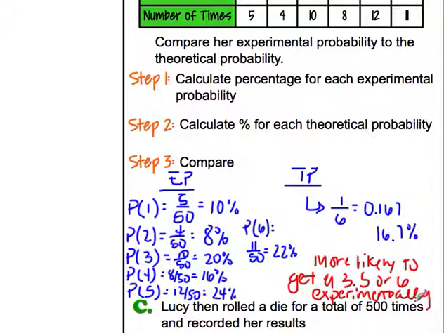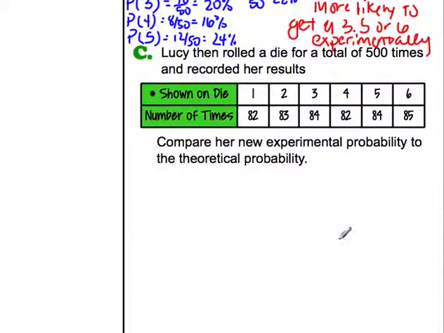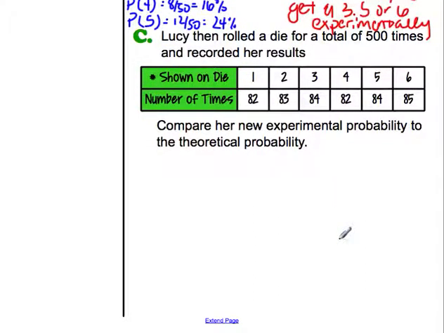Now if we look at part C, Lucy rolled the die for a total of 500 times and recorded her results.